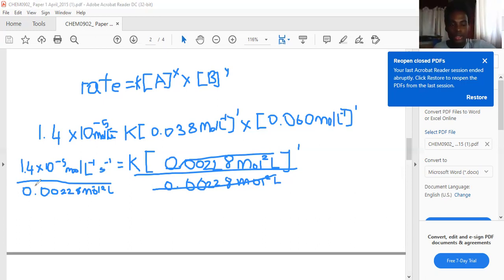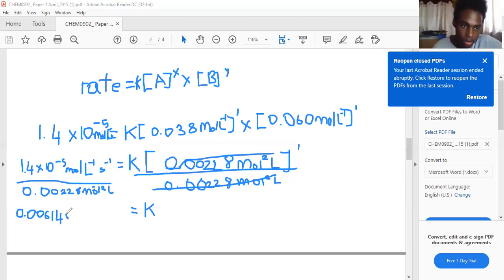Now when you do the calculations for that, it would come to K equals 6.4035, 4035.